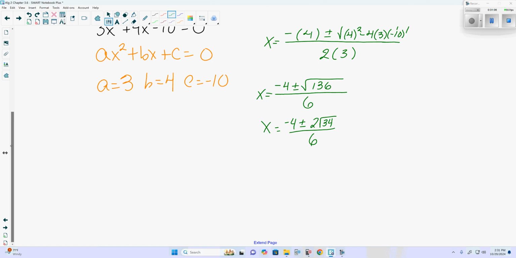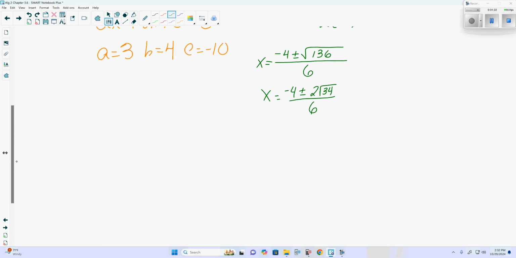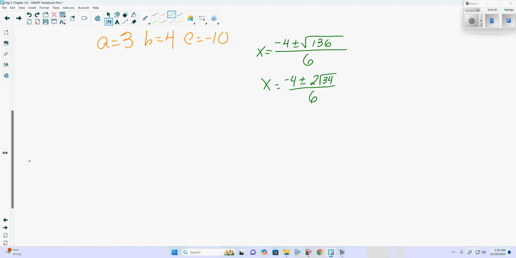Questions on how we got to this point here? Do our top two numbers and the number on bottom have a common factor? They all have a common factor of 2. So at this point here, for us to say that we have our final answer, we do need to simplify this. We need to remove that factor of 2 from all three terms. Now there's different ways to do it.